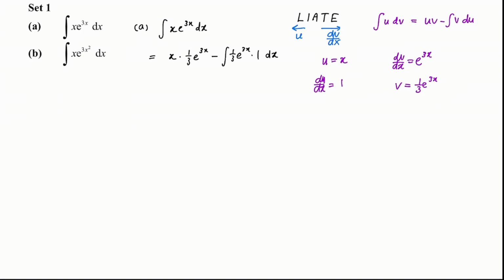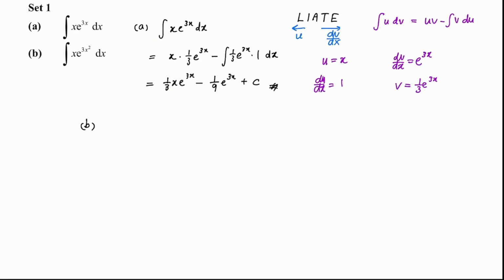So we have 1/3 x e to the power of 3x. Then for this 1/3, how do you integrate e to the power of 3x? It is e to the power of 3x, and we need to divide by 3 because of the reverse chain rule. So we have something like this at the end of the day. So this is for part A of set 1.